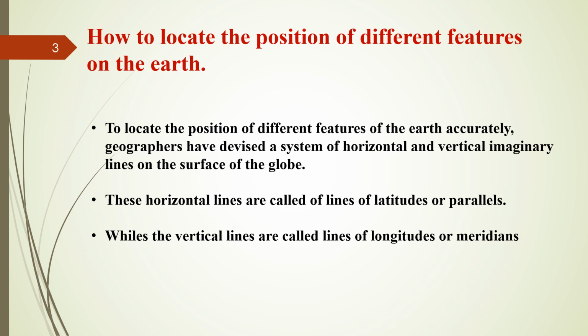We learned in the previous class that these horizontal and vertical lines help us to locate a particular place on the globe. The horizontal lines are called latitudes or parallels. The vertical lines are called the lines of longitude, or meridians.